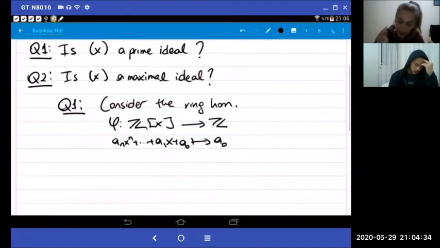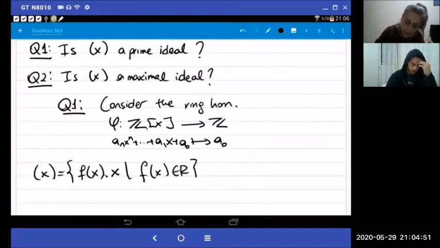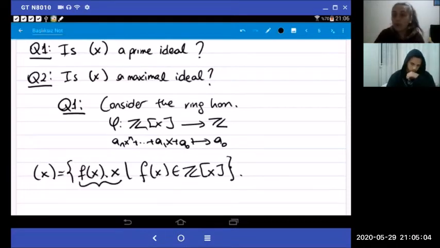Now, what is the ideal generated by x? This contains all elements of this form: some polynomial f(x) from the ring times x. If you consider such polynomials, they do not have constant terms.